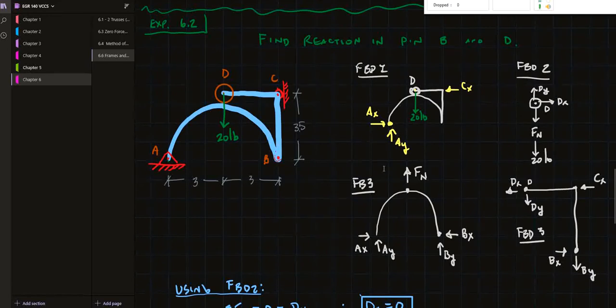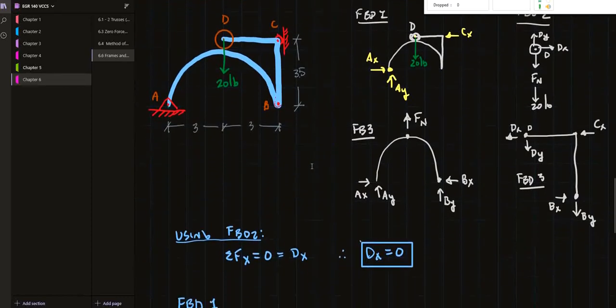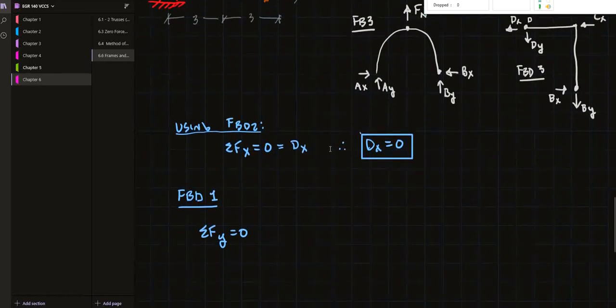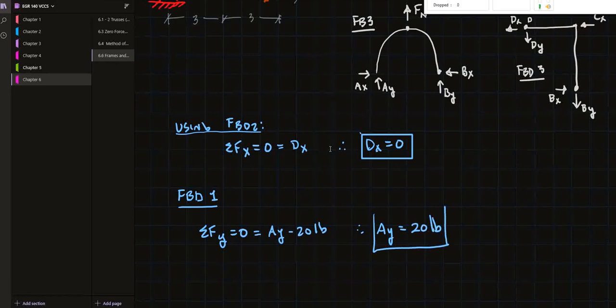And as we can see, I can figure out what AY is because it's the only y force opposing the 20. So this equals AY minus 20 pounds. Therefore, AY equals 20 pounds. Okay.